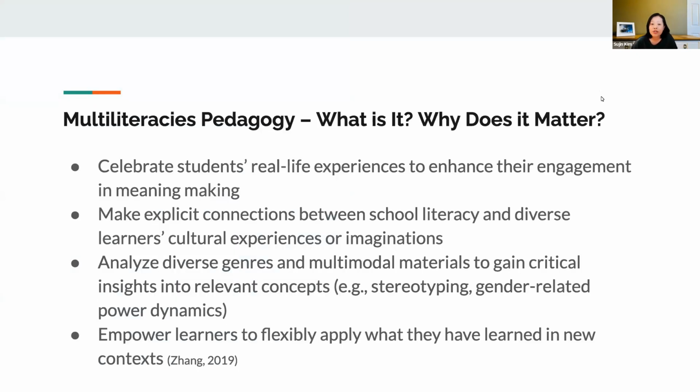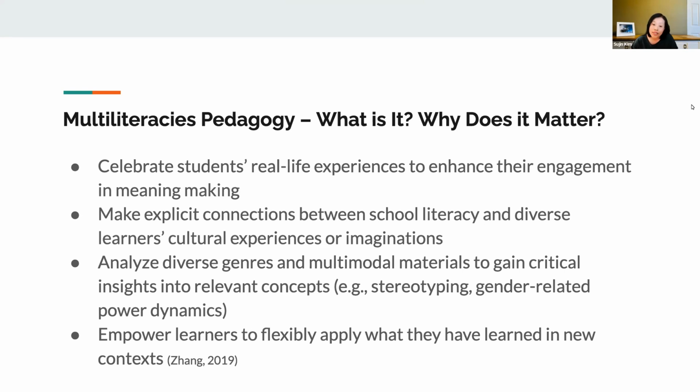How does multiliteracies pedagogy benefit our students, especially from diverse cultural and linguistic backgrounds? Many empirical studies have confirmed that the multiliteracies pedagogy can enhance students' engagement in classroom learning and meaning-making by acknowledging and celebrating their real-life experiences and making explicit connections between school literacy and their cultural experiences or imaginations.